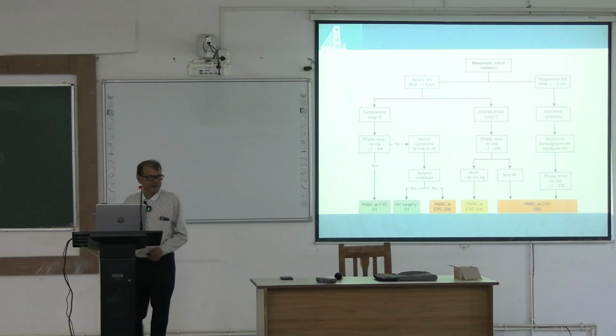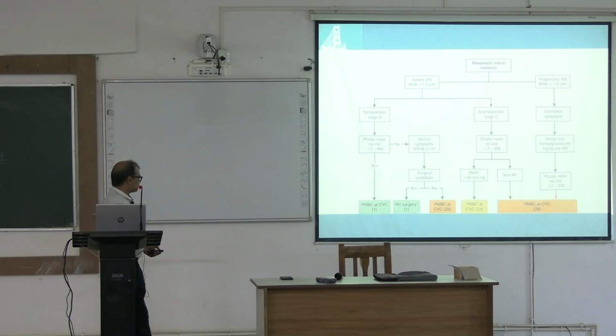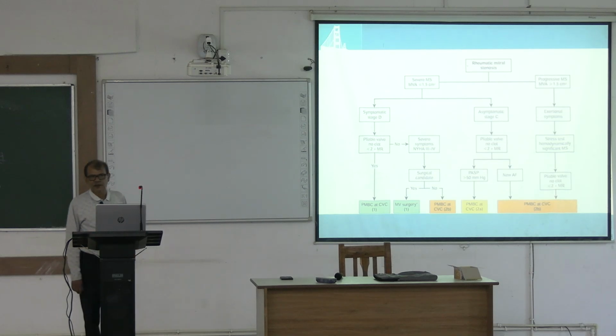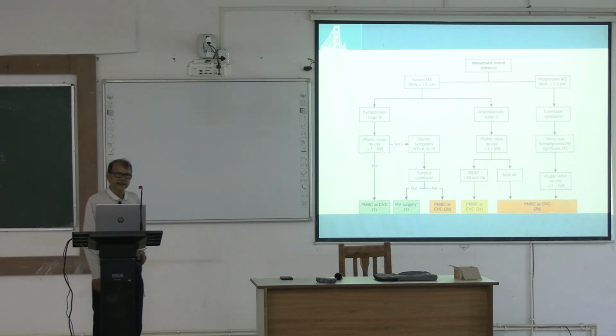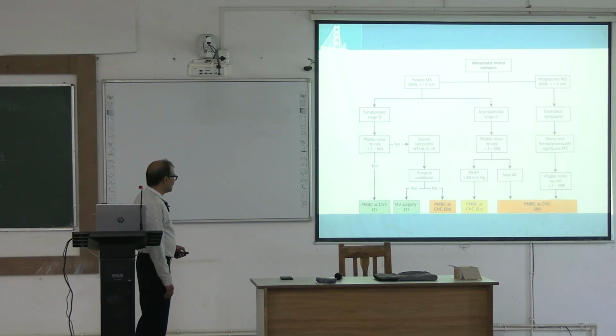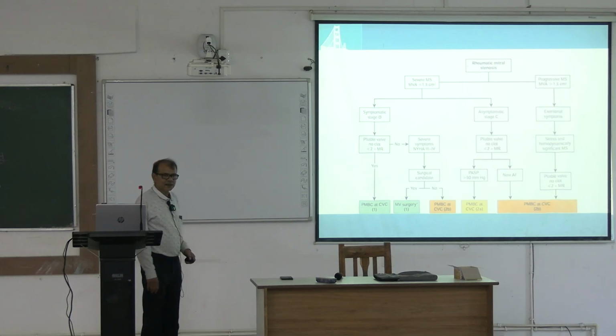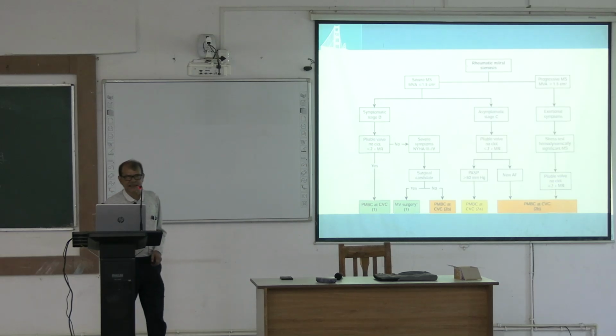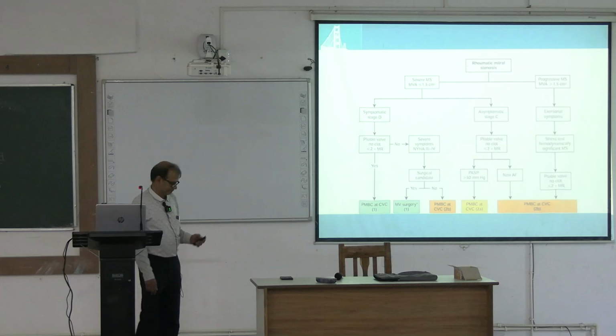In that case, the option is assessment of the valve morphology, that is the mobility, presence or absence of thrombus, and the degree of mitral regurgitation, if any. Option is mitral valve commissurotomy. This option is secondary, otherwise medical management is sufficient.